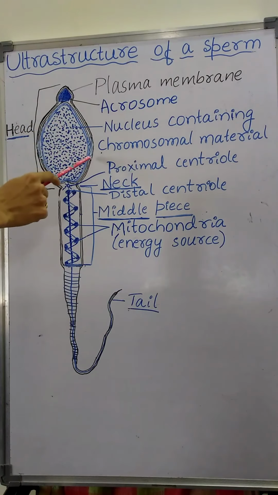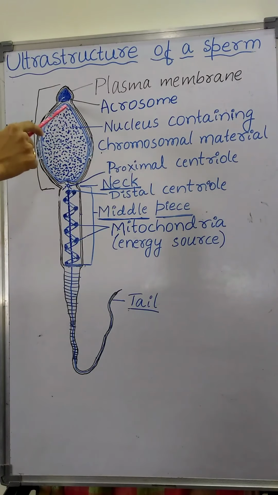You can observe that the acrosome is a cap-like structure covering two-third of the sperm nucleus. The acrosome is derived from the Golgi apparatus and contains several granules.